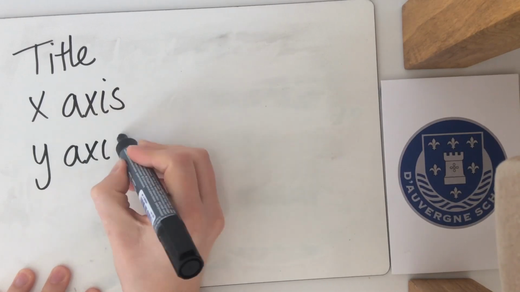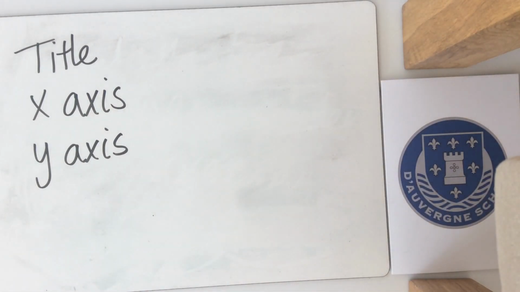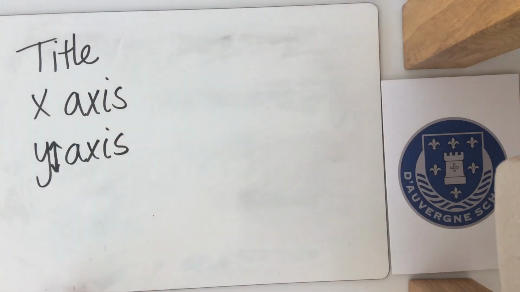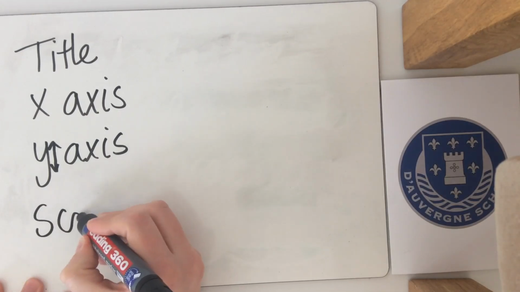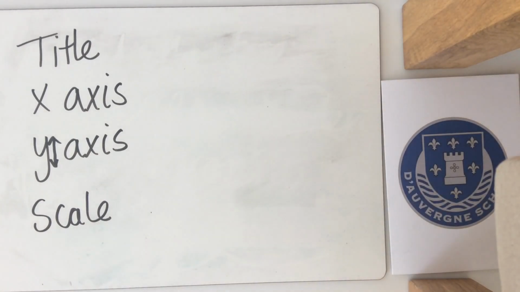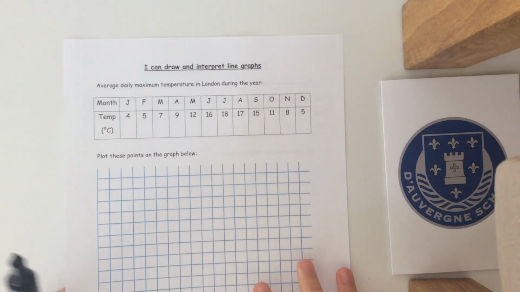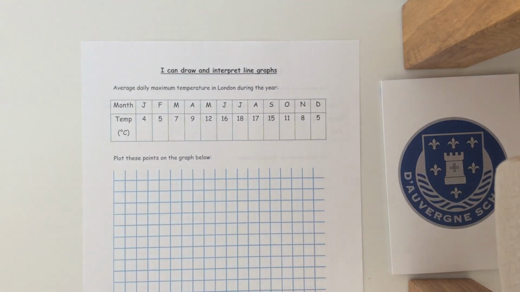The y-axis of the graph, which is the vertical axis, and I use the y to help me remember it's the vertical axis. And the scale, which is a set of numbers that help us to measure or quantify the information.